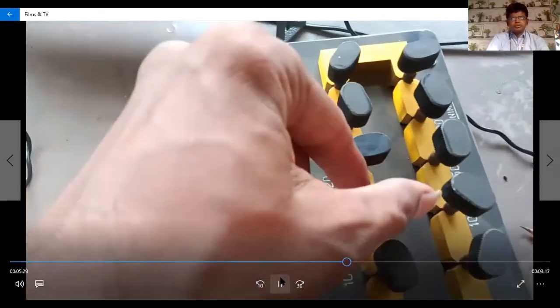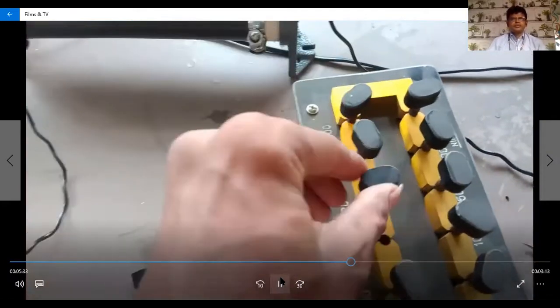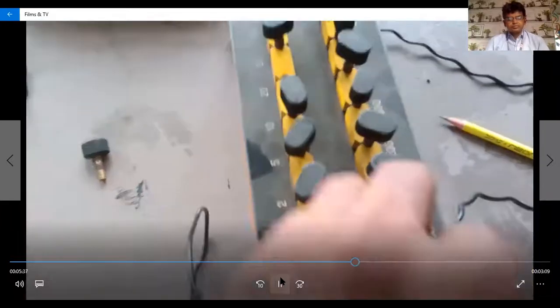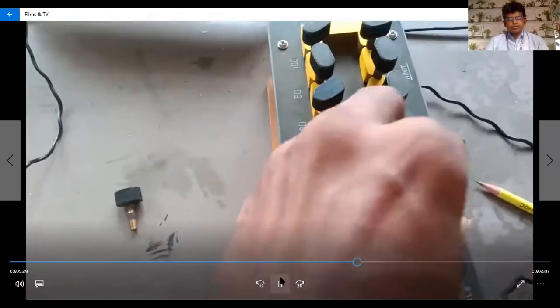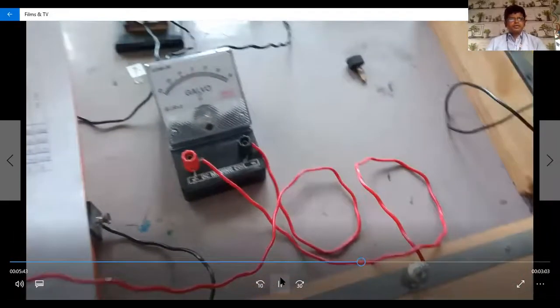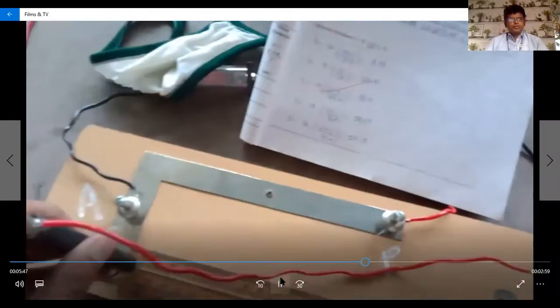As per the table, we remove 20 first, and the remaining keys we keep tight, it is compulsory. You do this work at exam time. Now you are seeing the G meter showing 0. Now we move the jockey key on the wire.